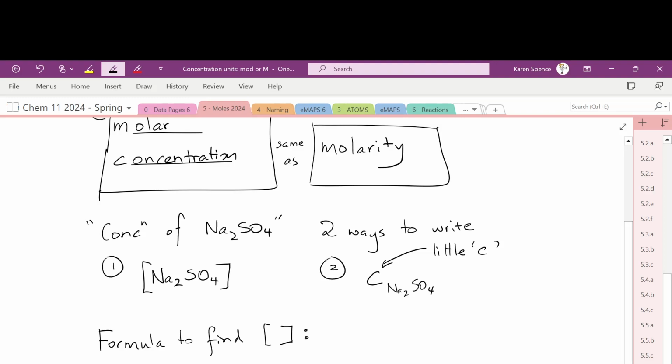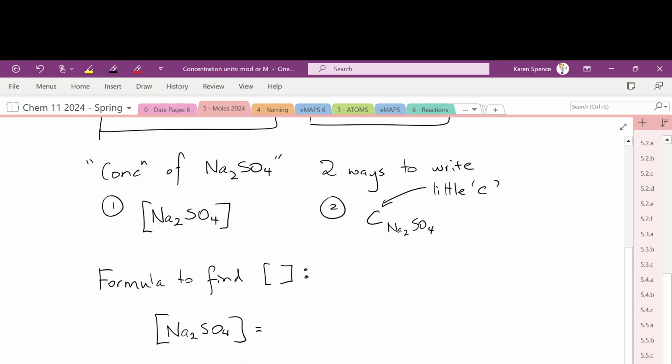We can say the concentration of Na2SO4 is equal to moles over liter.